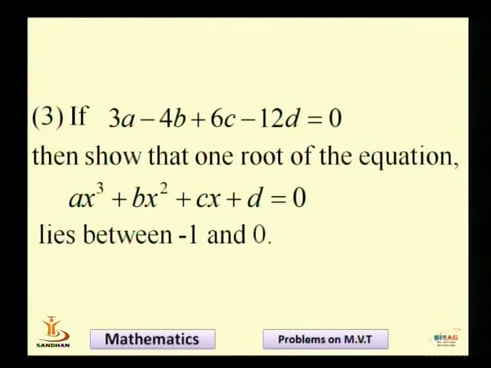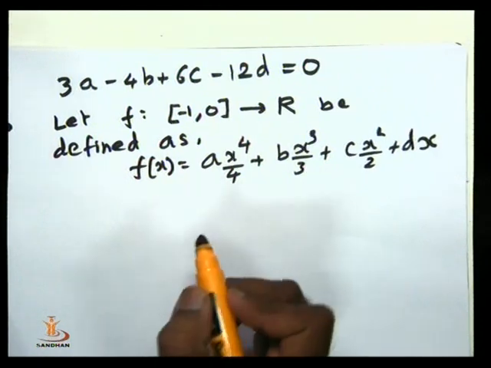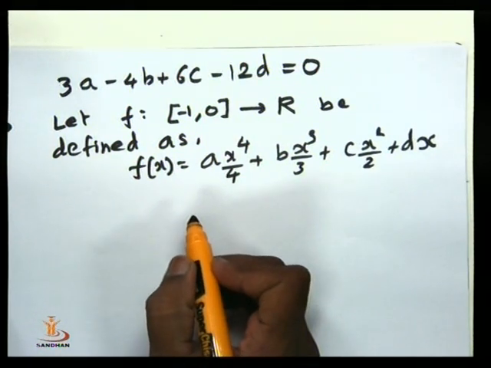If you integrate this polynomial, the integral of a x cube is a x raised to 4 upon 4, then plus b into x cube upon 3 plus c into x square upon 2 plus dx. That I have taken as the function f(x) here. So this is our function for proving the required result.